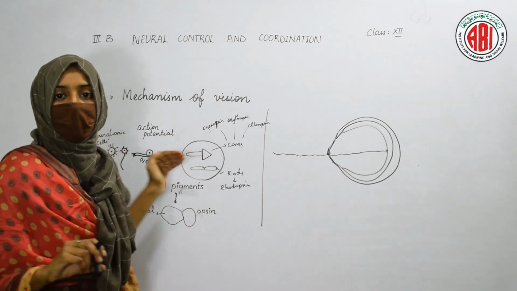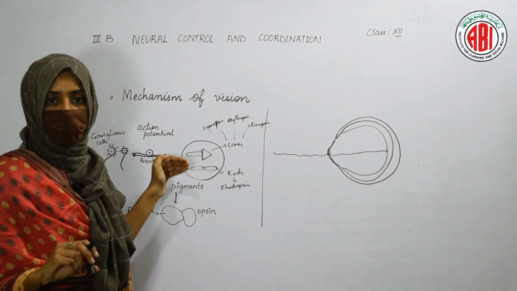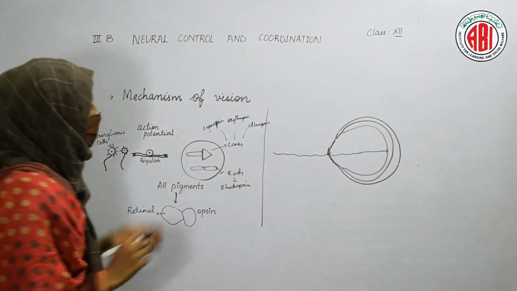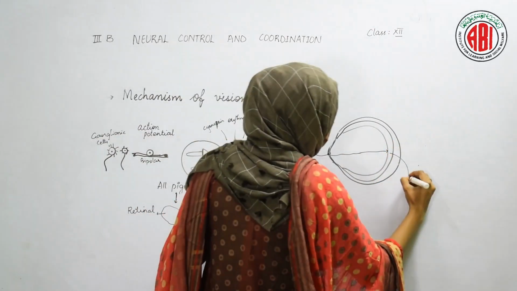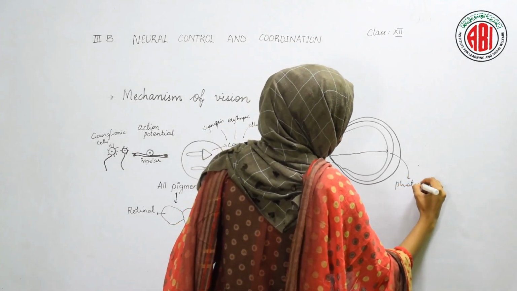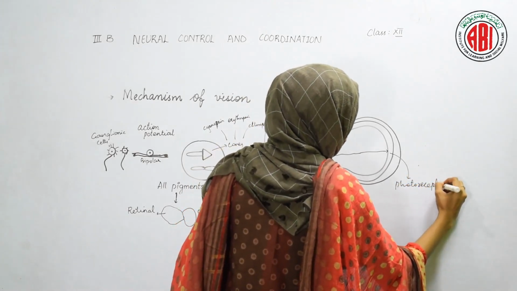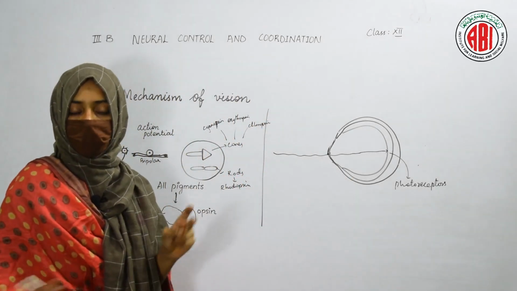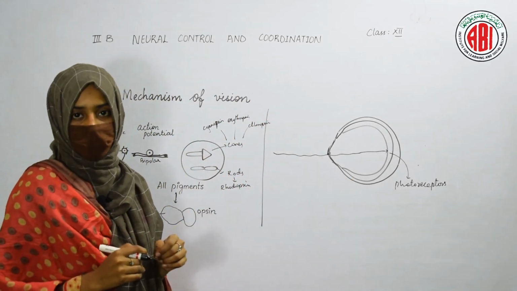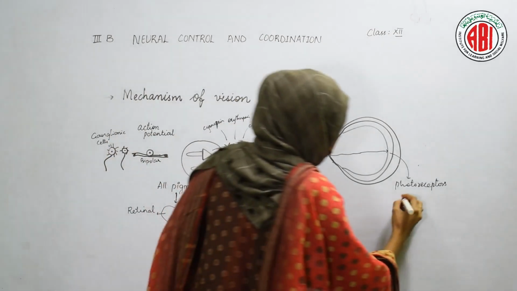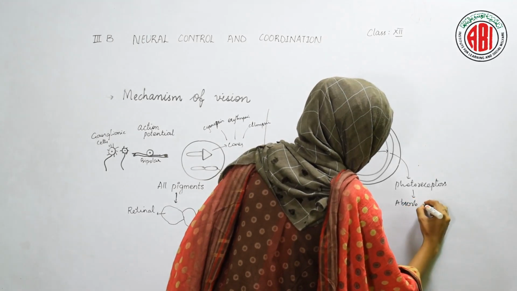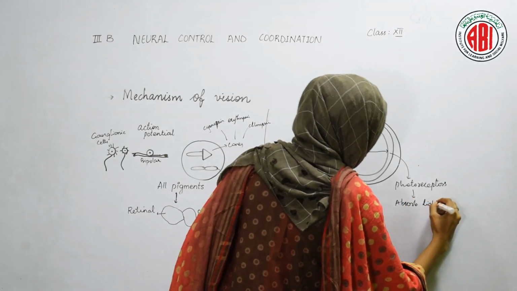The light is directly received by the photoreceptors. The photoreceptors are rods and cones. In those rods and cones, pigments are present, right? So those pigments, due to the absorption of the light, will split.